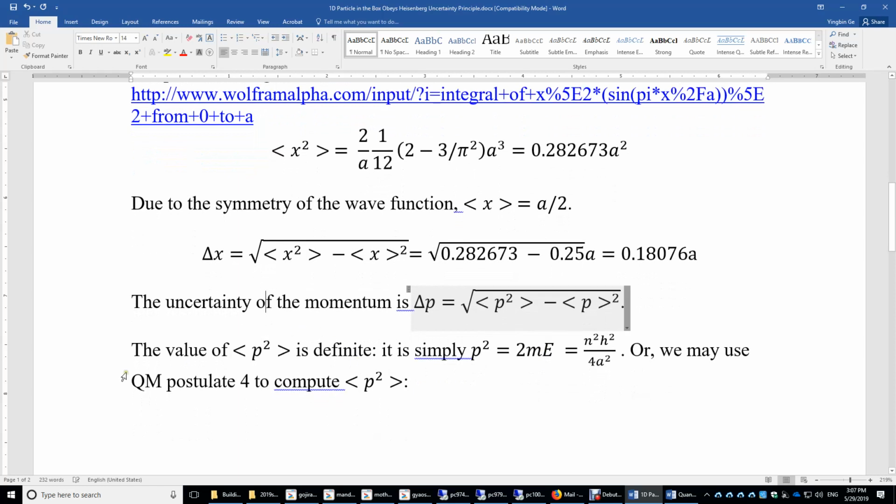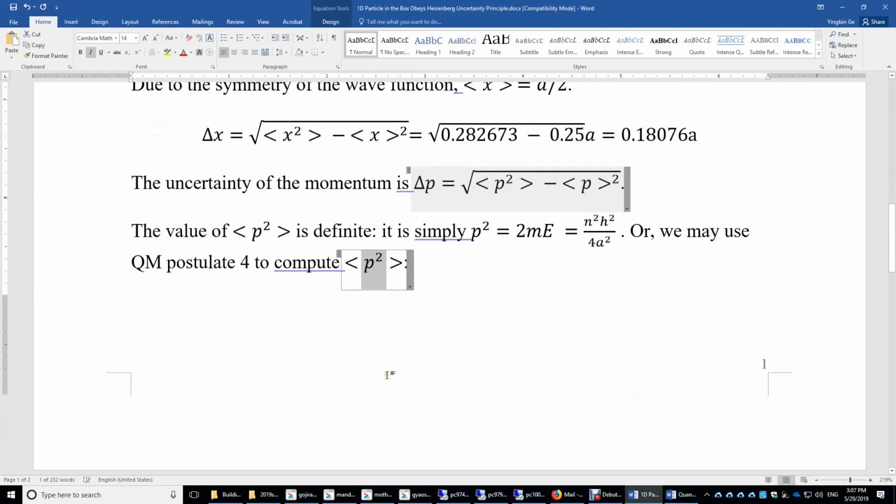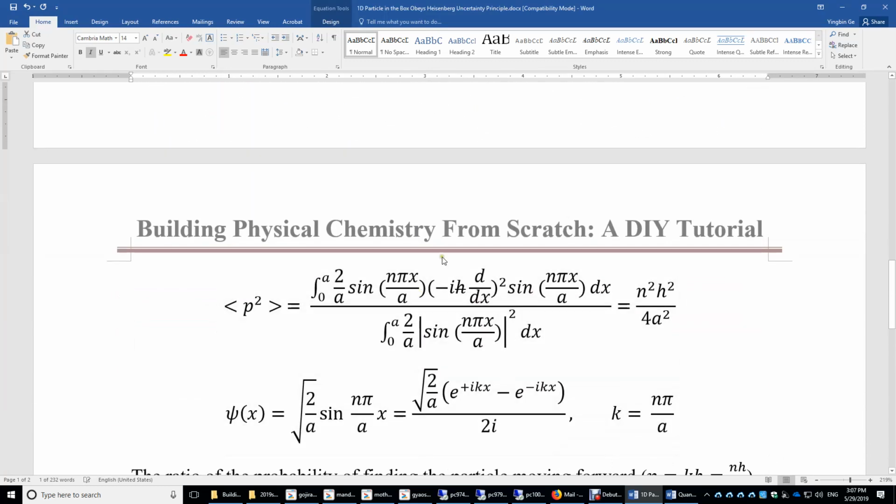Or we can use quantum mechanical postulate 4 again to compute this expectation value of p squared by evaluating these two integrals. Again, on the bottom, this integral is 1 because the wave function is already normalized. On top, we apply the momentum operator twice to this wave function. And the result is n squared h squared over 4a squared again.